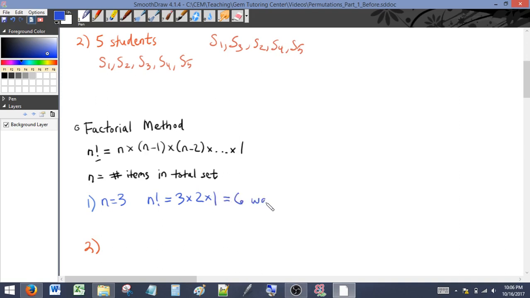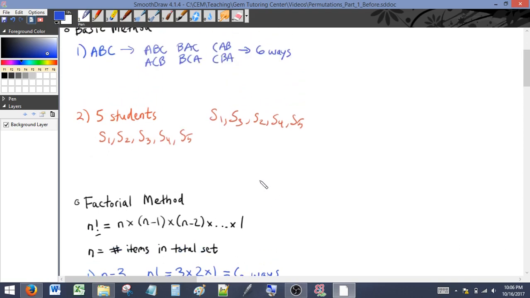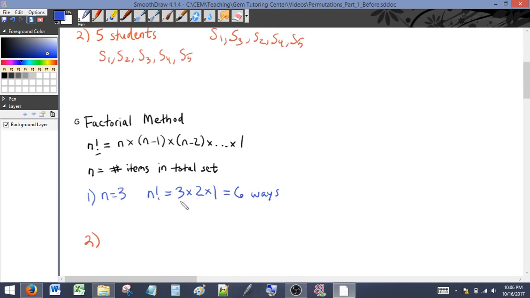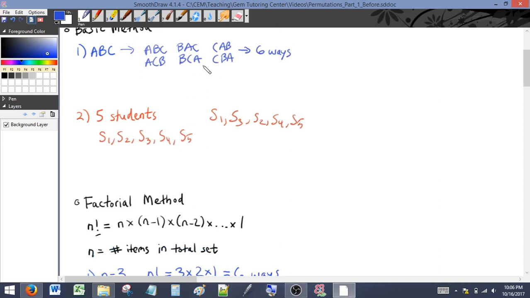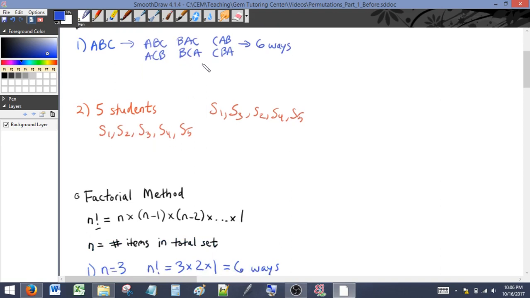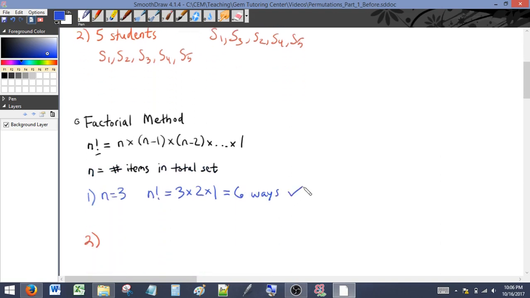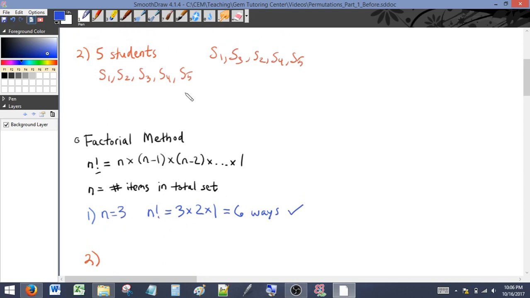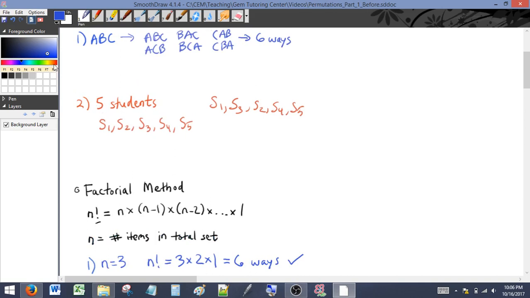So 6 ways. And that's exactly what we got up here, 6 ways, except we didn't have to write out all of this. So you can see that the factorial method is very useful when you don't want to write out every single permutation. Now if the factorial method works for n equals 3, it should also work for n equals 5, right?